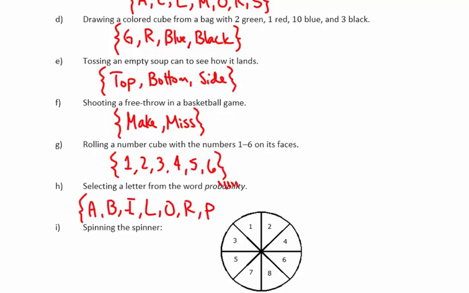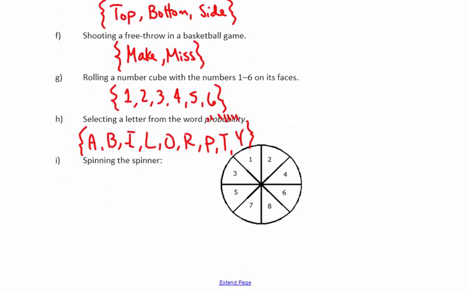P, doesn't have to be in order, but I was trying to, just for the sake of not missing one. Spinning the spinner, the outcomes we can get are 1 through 8. So 1, 2, 3, 4, 5, 6, 7, 8. So these are the sample spaces of what can occur.